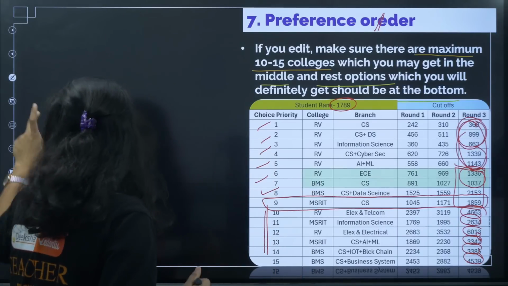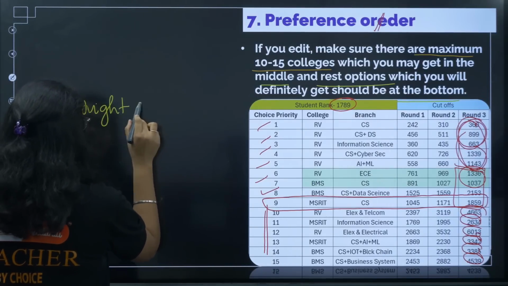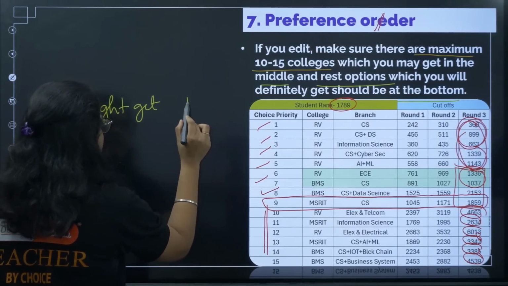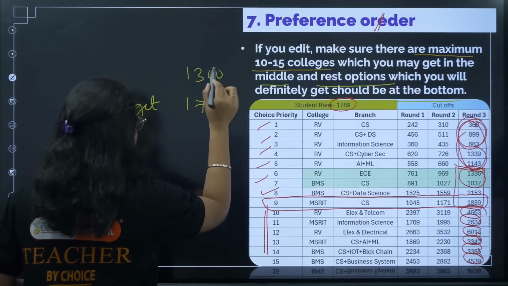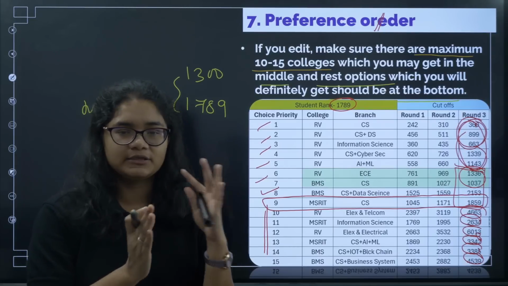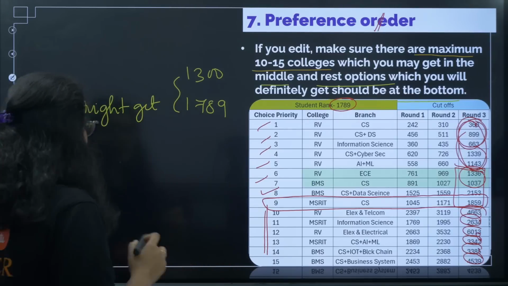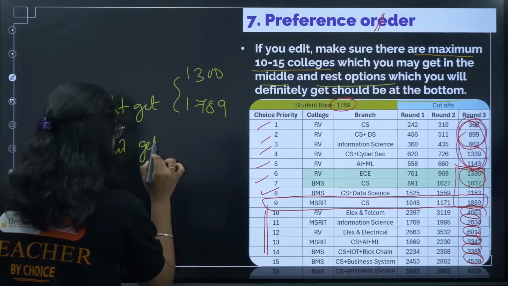So how can you decide might-get colleges? Suppose your rank is, for example, 1789, so from 1300 to 1700, you can think these colleges are in your range, you can get these colleges. Which are definitely-get colleges?